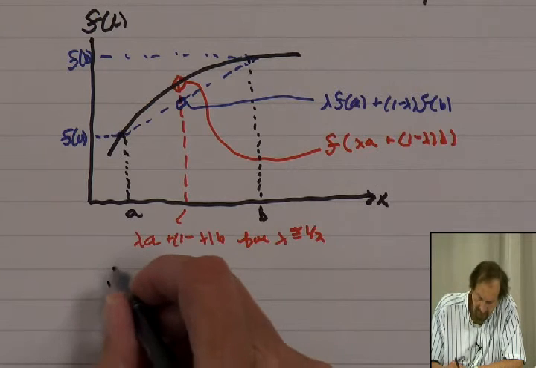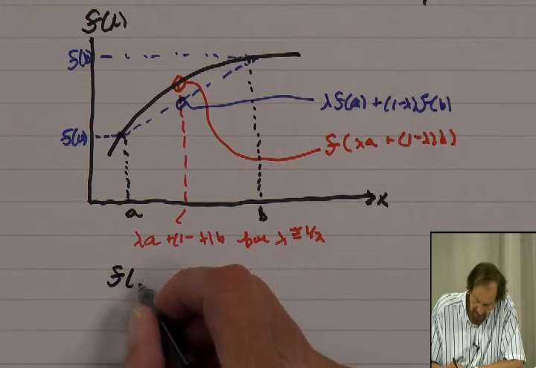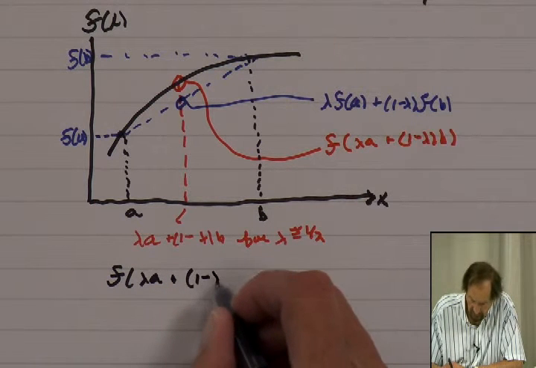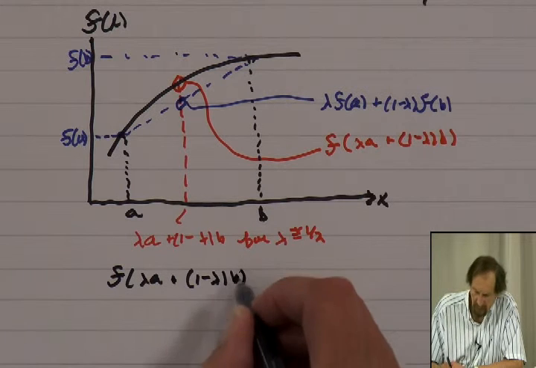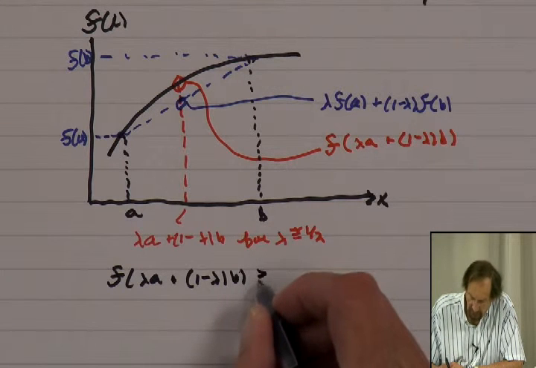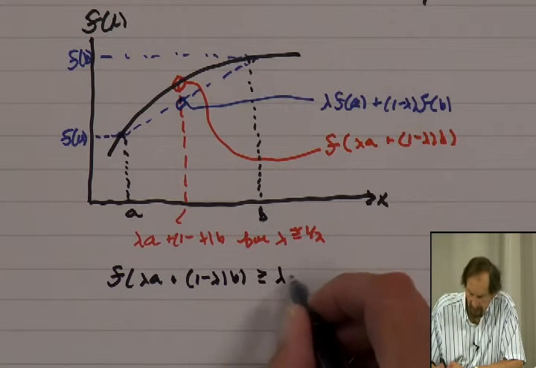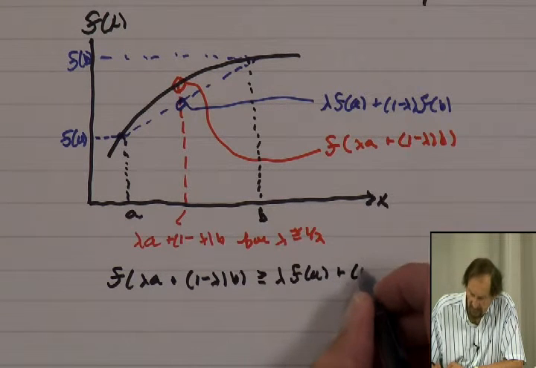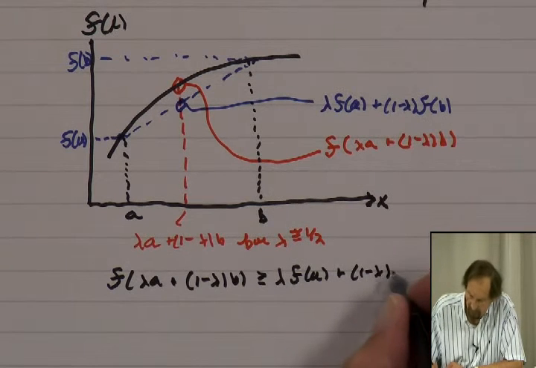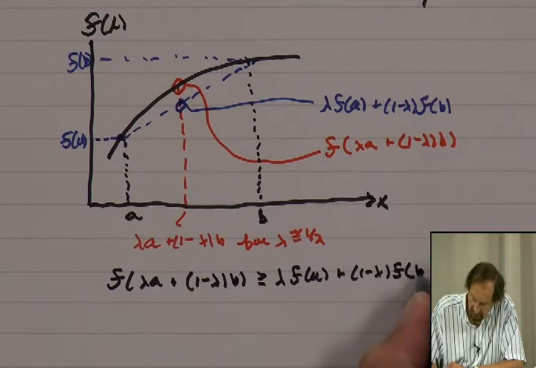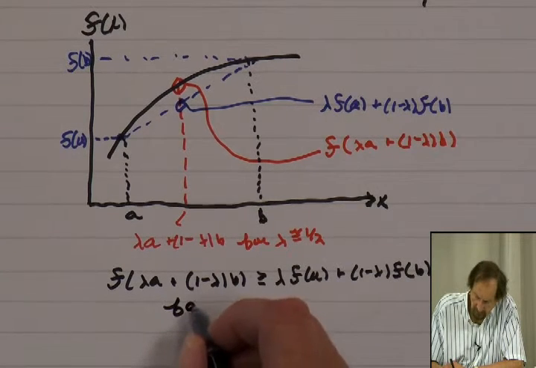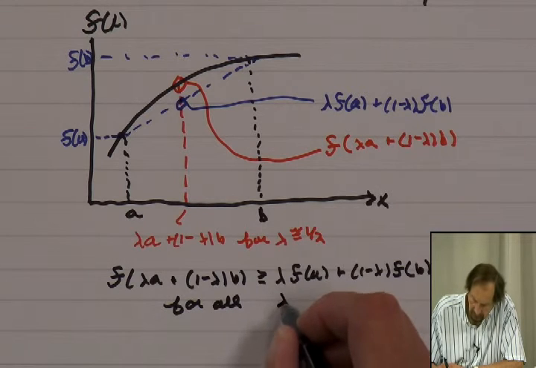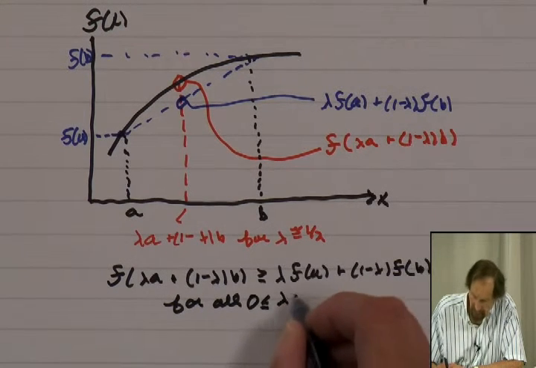We say that f of lambda a plus 1 minus lambda b is always greater than or equal to lambda f of a plus 1 minus lambda f of b, for all lambda greater than or equal to 0 and less than or equal to 1.